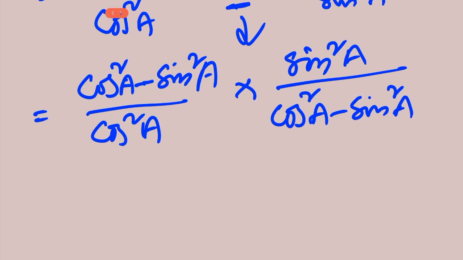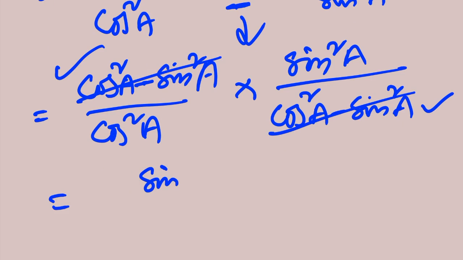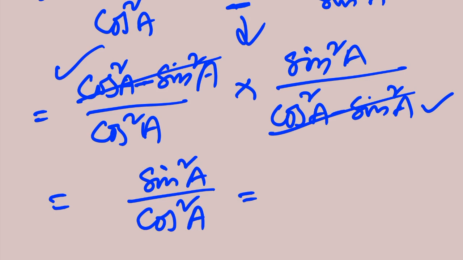Then you see we can observe that both expressions are the same, cos square minus sine square, and they both get cancelled. Finally we got sine square a by cos square a, but sine by cos equals tan, so tan square a. So this is the result we got.